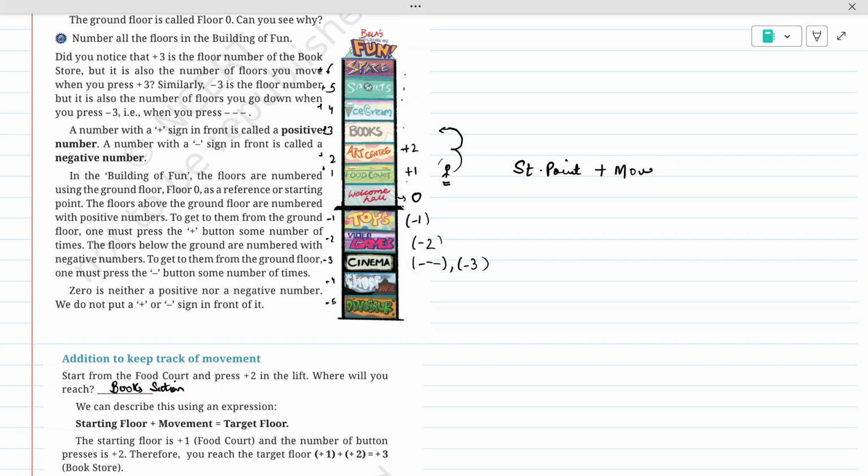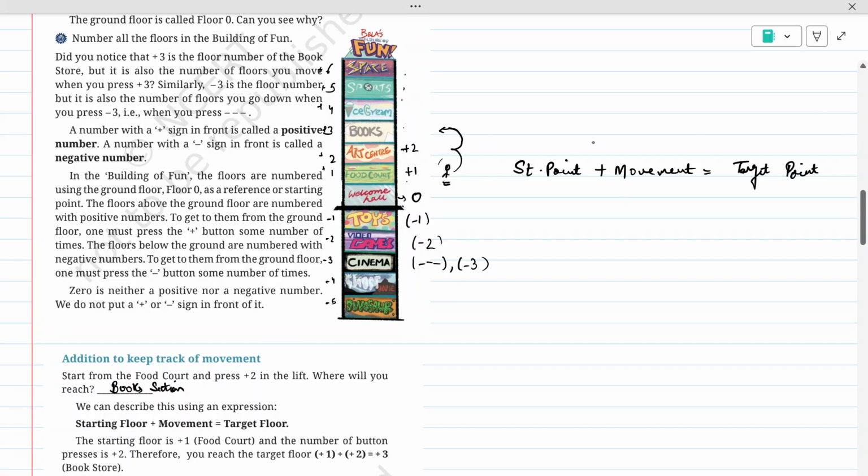In this case, what is my movement? I am moving up by +2, right? 2 floors. And then finally, I am reaching my target point. The target point is the bookstore. Target floor or target point. I'm writing point here. You can keep it as point or as floor in this example.